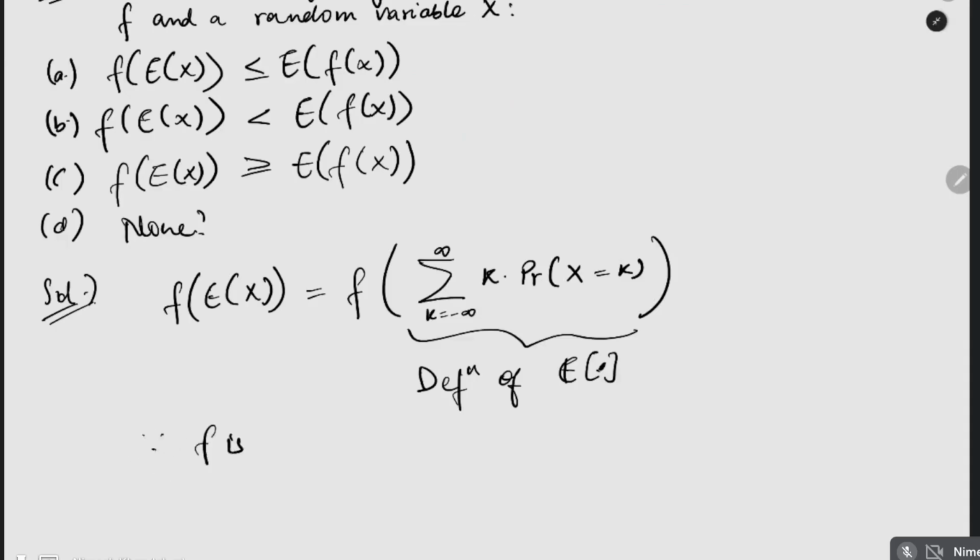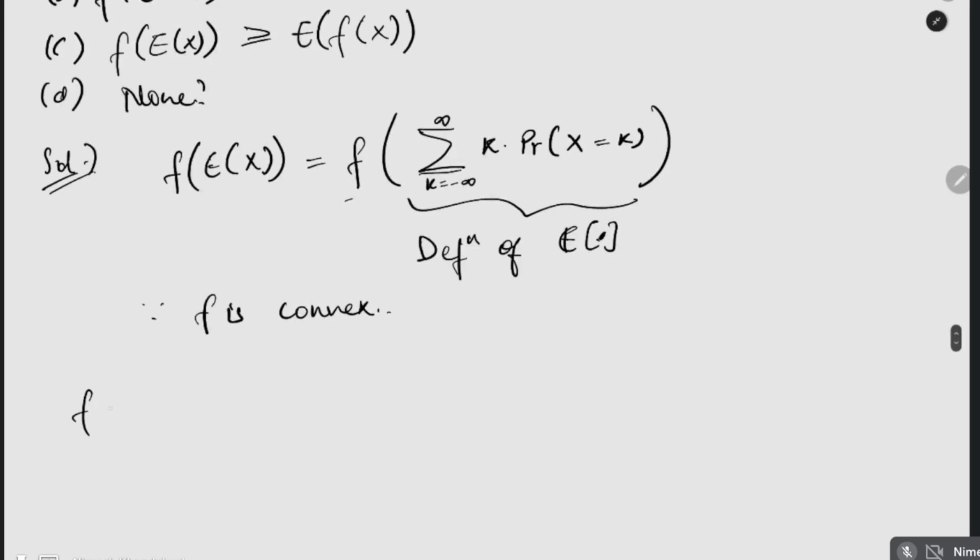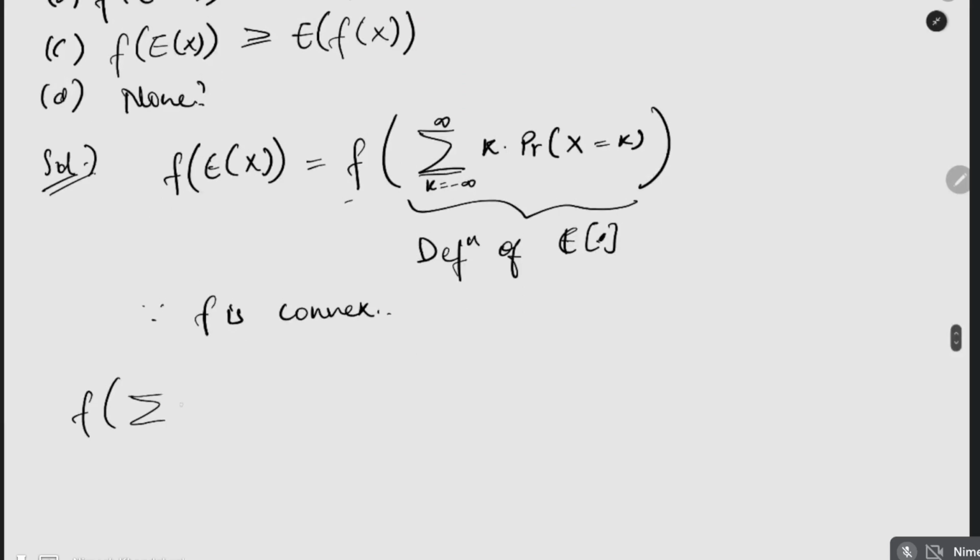Since f is convex, it means that f of the summation of alpha i xi is less than or equal to the summation of alpha i f of xi, for all i.